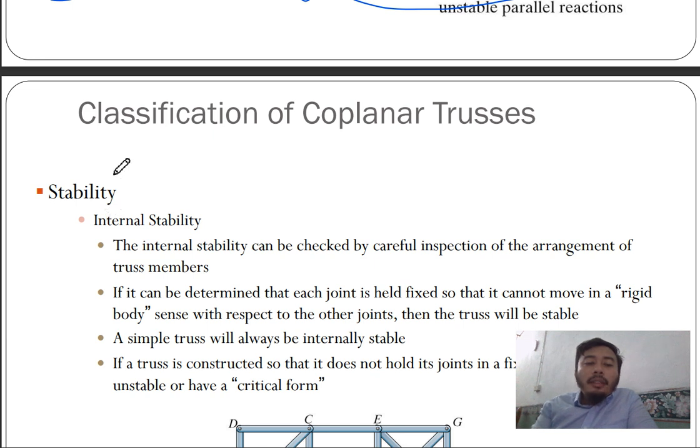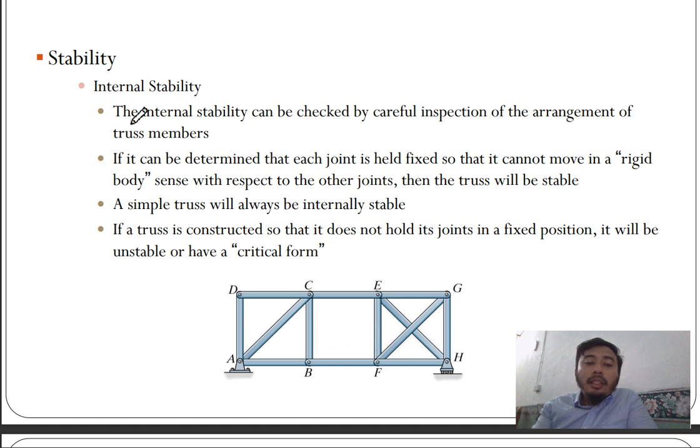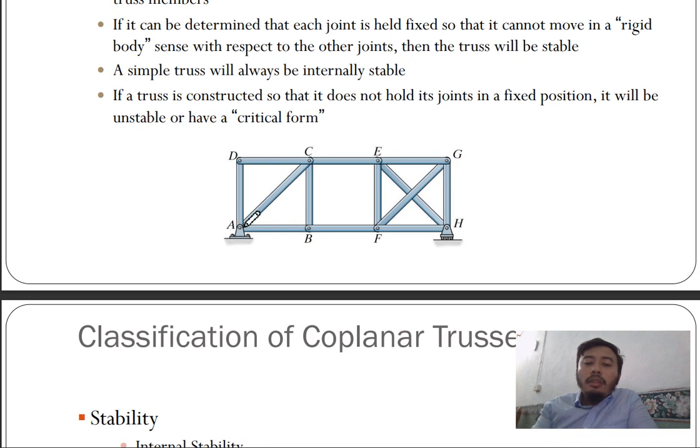Next is internal stability. Internal stability can be checked by careful inspection of the arrangement of truss members. You check whether, if a joint is held fixed, the other joints cannot move in a rigid body sense with respect to it. Then the truss will be stable. The member here is attached with cross members, so it will be internally stable.